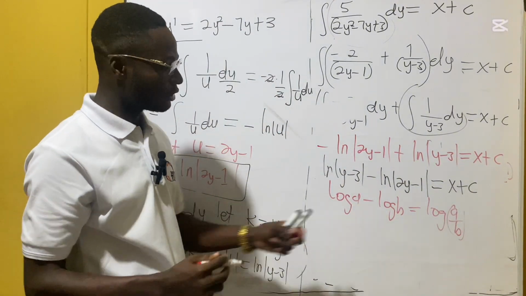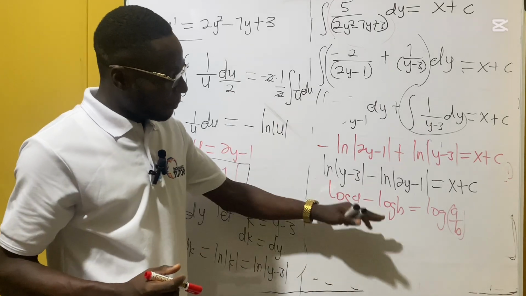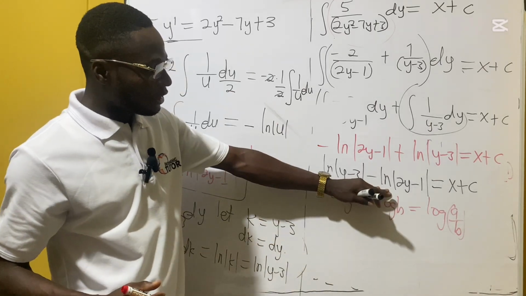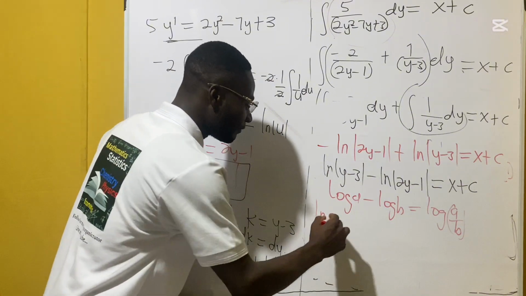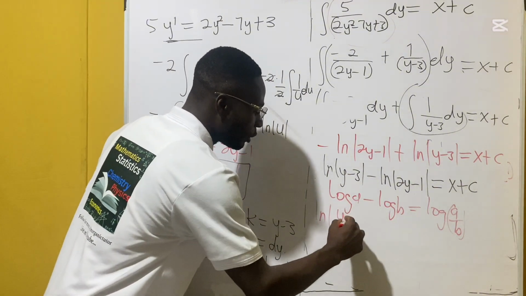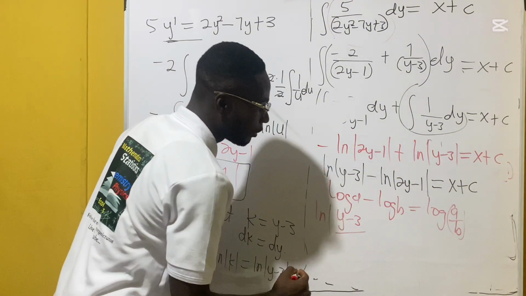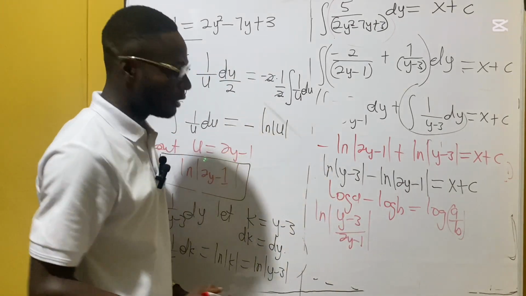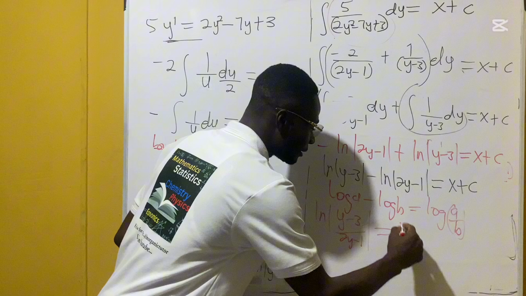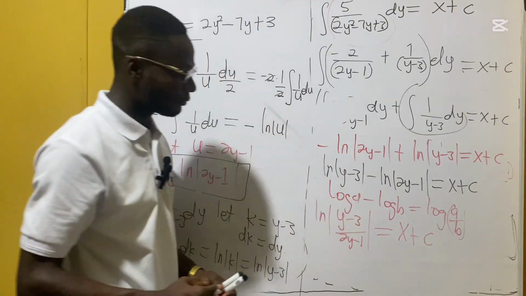This is a property. So we apply this knowledge here. So we are going to have ln of y minus 3 on 2y minus 1, and this should be equal to x plus c.